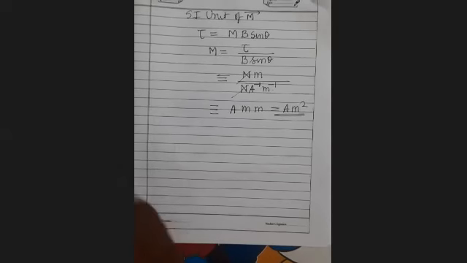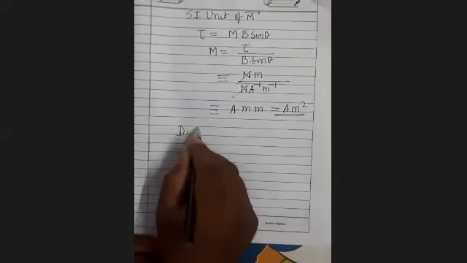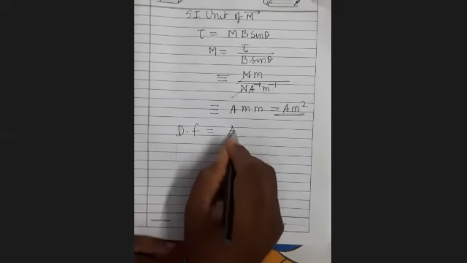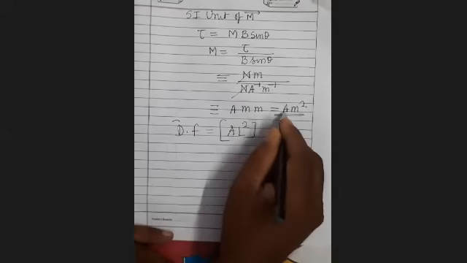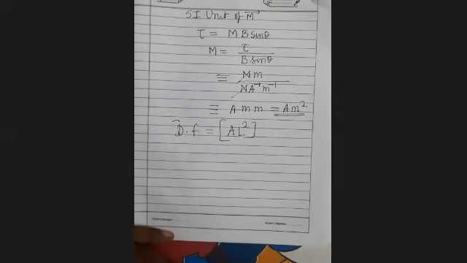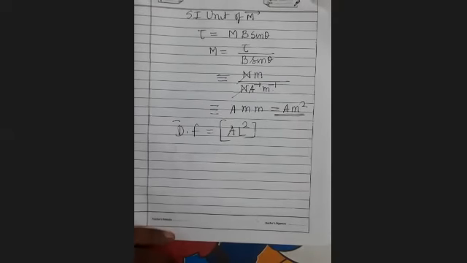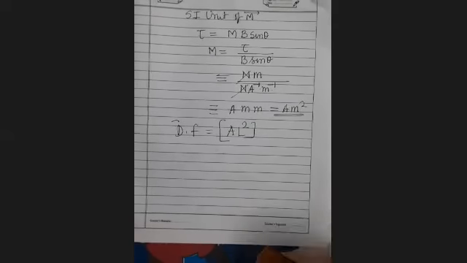So you can see here, its dimensional formula will be A L square. This is a fundamental unit, this is also a fundamental unit. So it is A L square. This will be the dimensional formula.